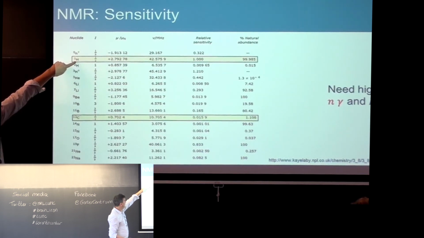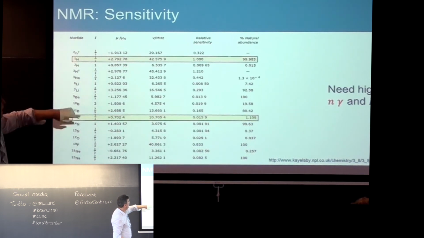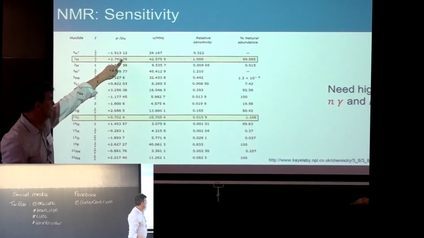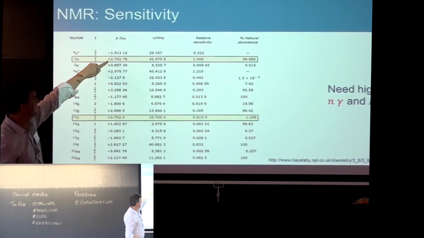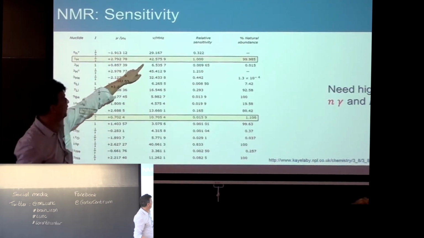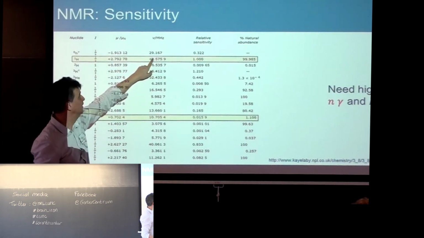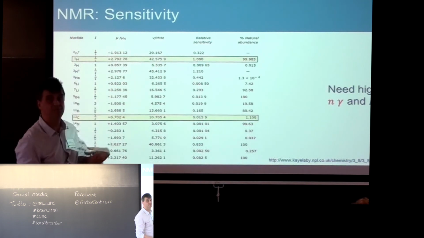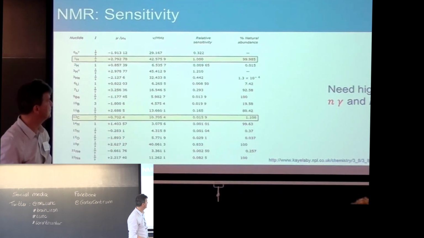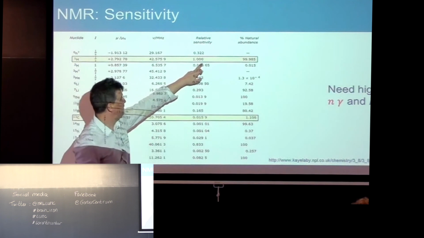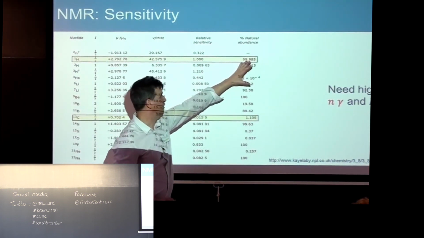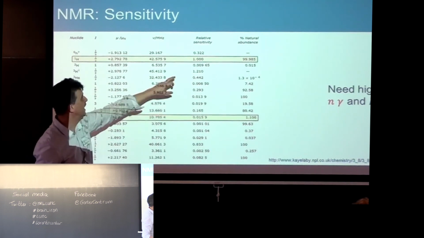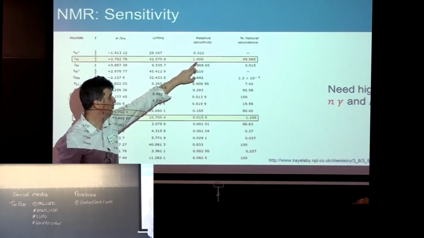The hydrogen nucleus has a magnetic moment, written in particular units here, of about 3, and it has a frequency in 1 Tesla of about 42.6 megahertz, and it's about 99.9% natural abundance, so you get a very strong signal from it.